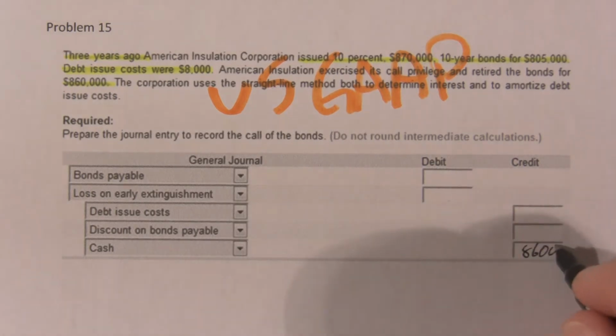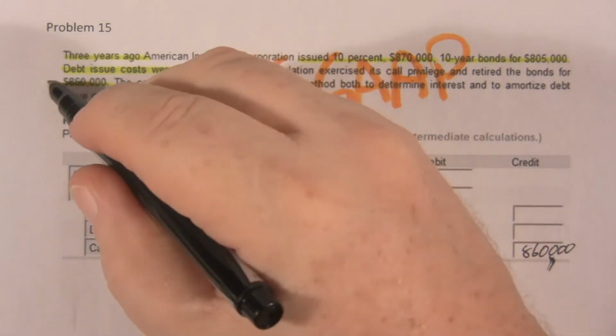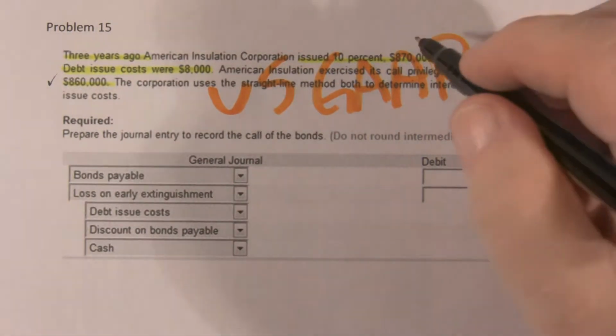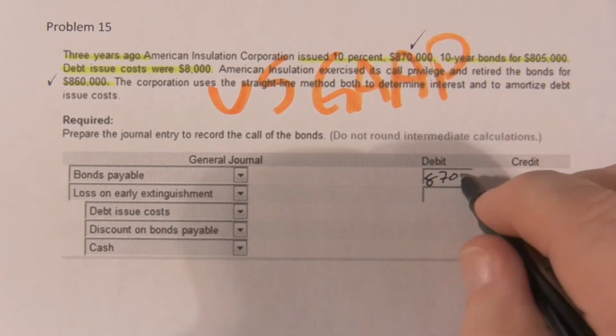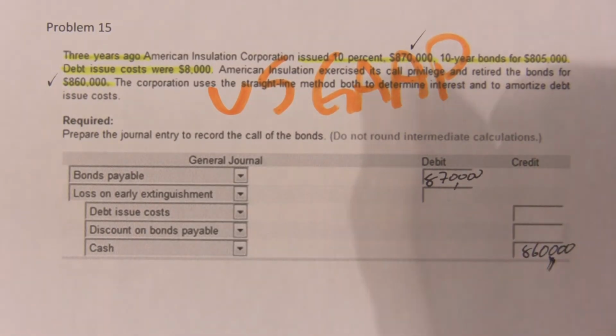Without doing any calculations, we know that we gave out $860,000. We're told that. And we know that the bonds that we retired were $870,000. We don't know if that's a gain or a loss.